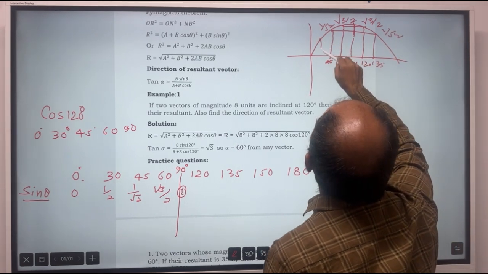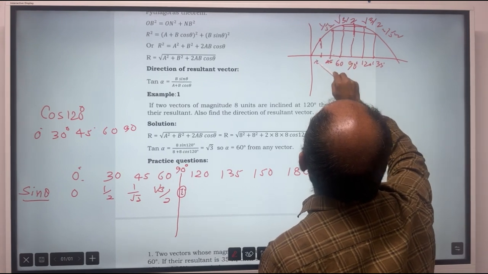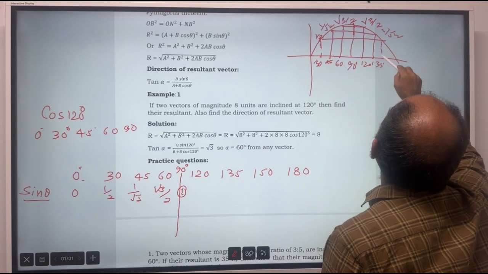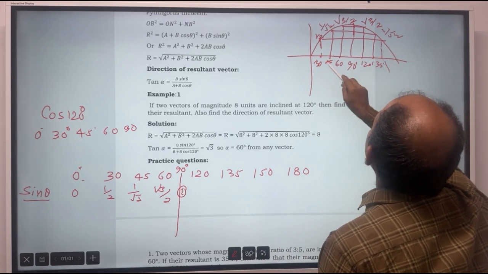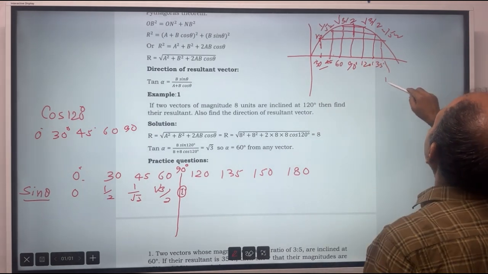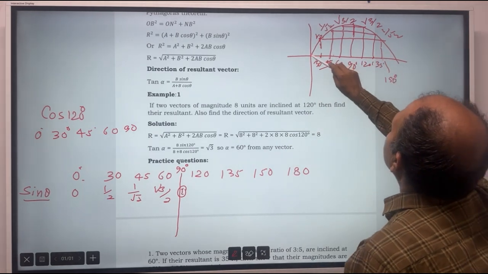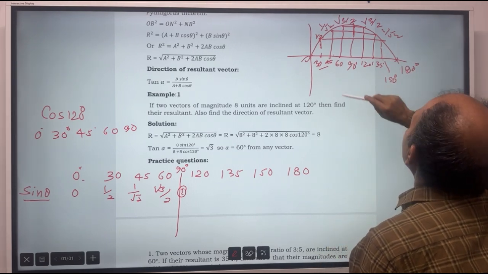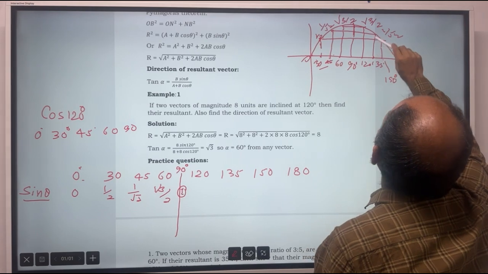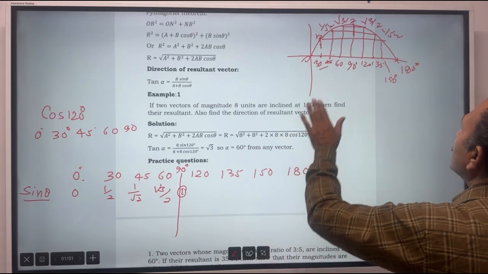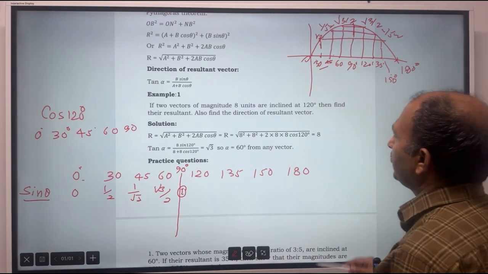Similarly, sine 30 is 1 by 2, so the corresponding value here will also be 1 by 2. Since there is a gap of 15, the same gap should be here, so this will be 150 degrees. This is 0, this is 0, so sine 180 degrees will be 0, but sine 30 is half, and the corresponding value sine 150 is half. Like this we can get the values.